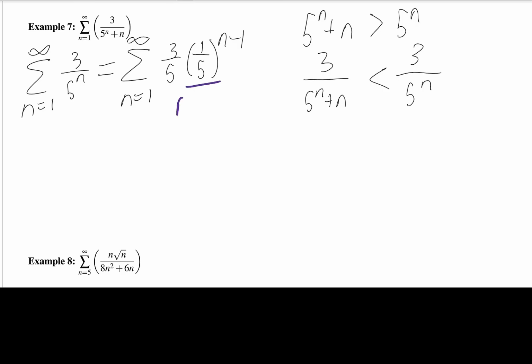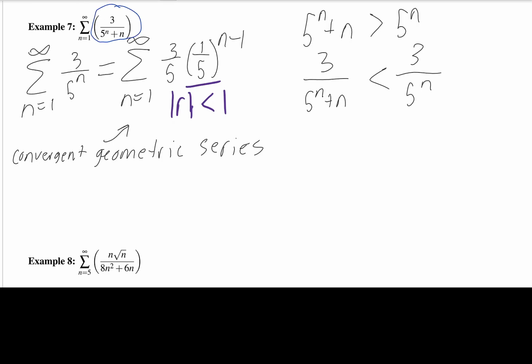Here's our r value. It's less than 1. So we know that this is going to converge. Right? And so this is a convergent geometric series. Which means, since we got something bigger that converges, then our original series must also converge.